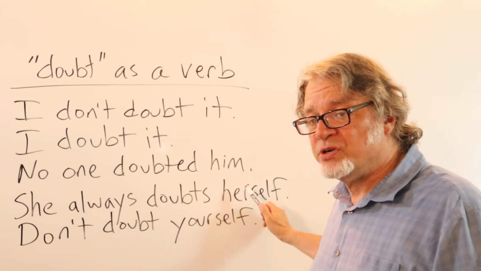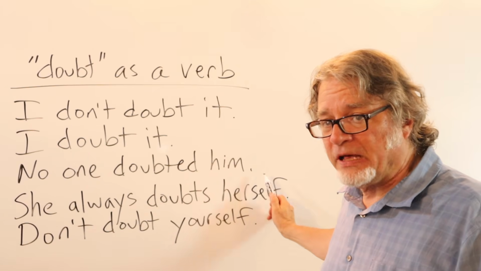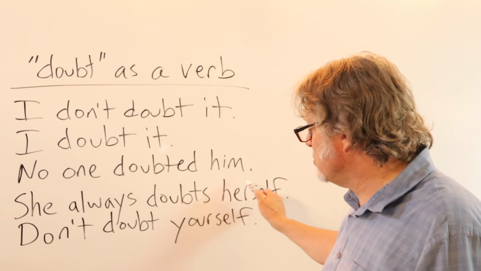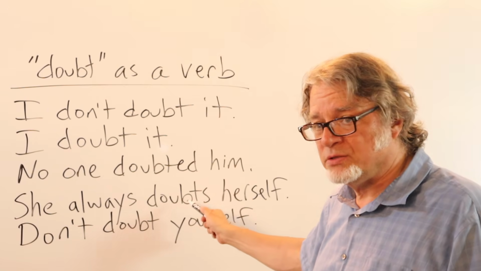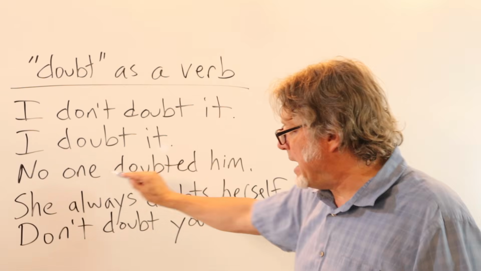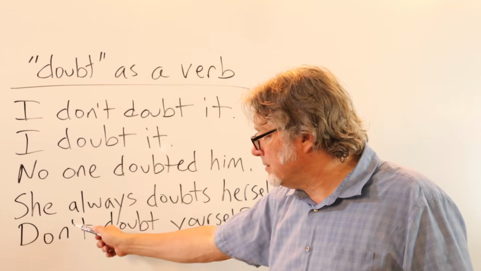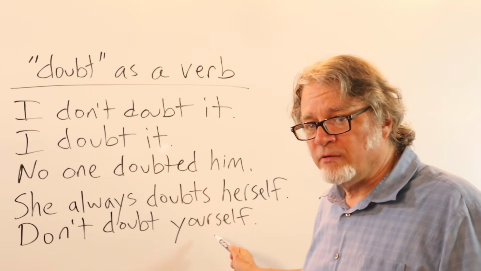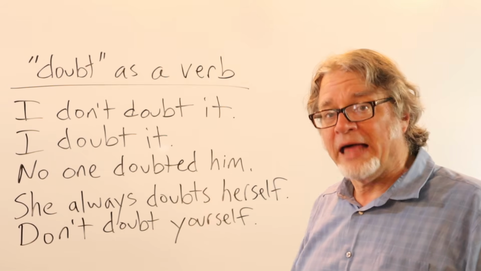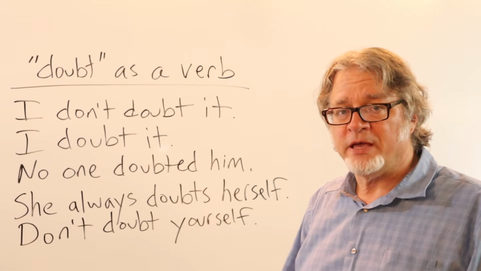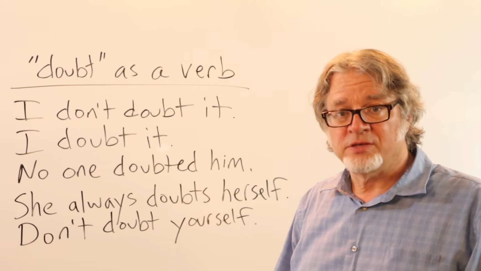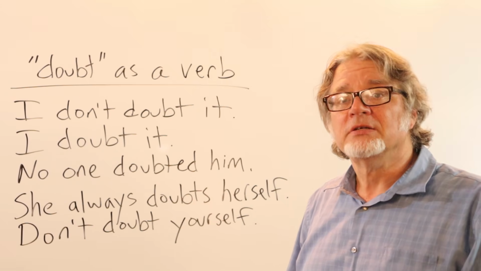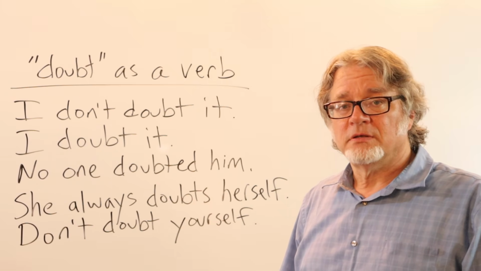She always doubts herself. Reflexive pronouns are often used with the word doubt. This pronoun goes back to the subject. And then don't doubt yourself. If you have any lack of confidence in something that you're doing, such as learning English, don't doubt yourself.